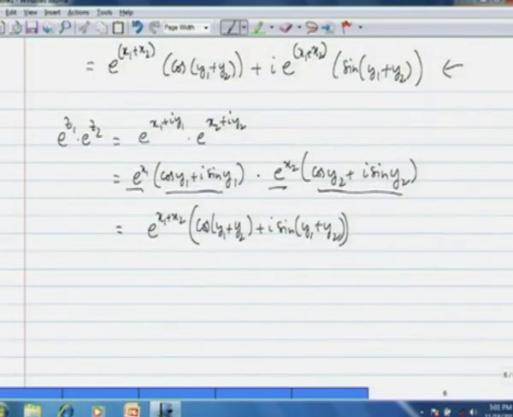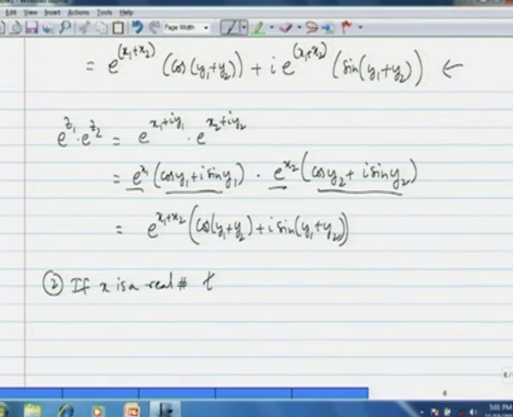And likewise, if x is a real number contained in the complex plane, then e power x is the complex exponential function e power x. So, very artificially, let me write exp of x plus i times 0, because that is what a real number in the complex plane looks like.